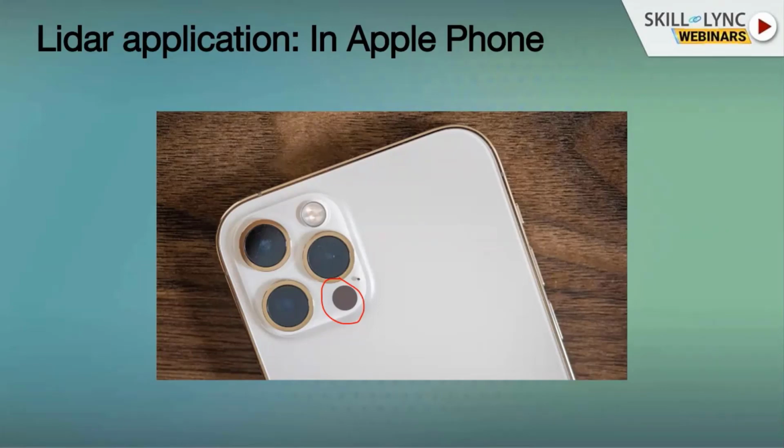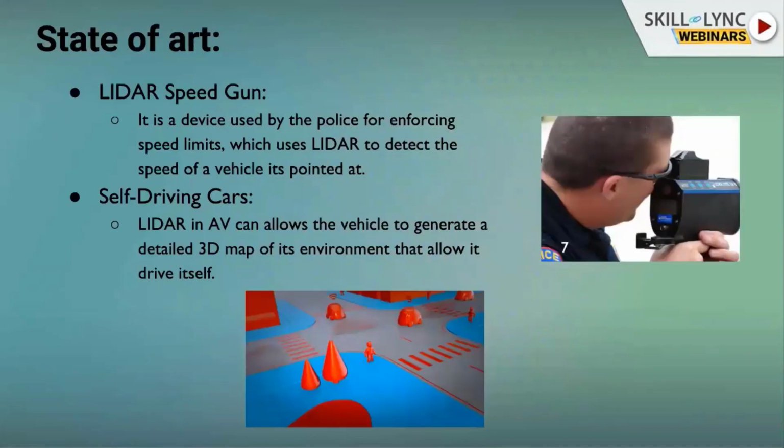There is another application like this. Now I will come to state of the art applications, like the lidar speed gun. Currently this application is trending, and so many people are working in this sector, and so much work has already been done. The lidar speed gun, as I told, is a device which can measure the speed of a vehicle, and in that case the police can summon anyone accordingly.